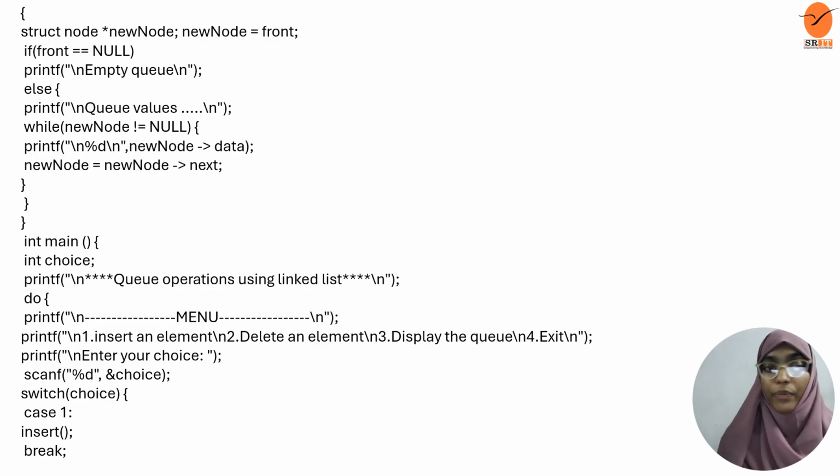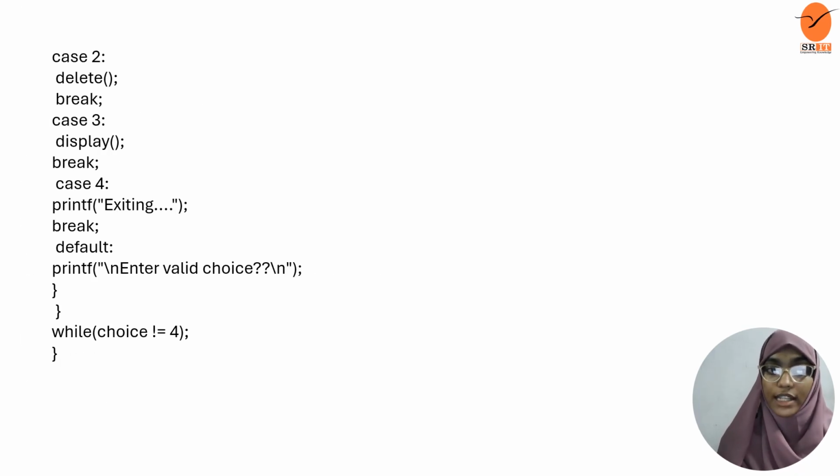The program always starts from the main function, which is int main. Here we are initializing int choice, and we are printing queue operations using linked list. Here are the various operations, which are insertion, deletion, and display. Then these are the operations of the queue. If we choose case 2, then we can do the deletion.